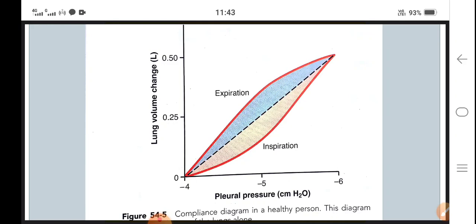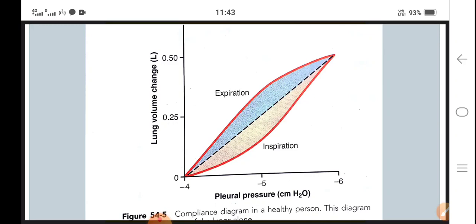The significance of surface tension is shown in the next diagram, which compares the compliance diagram of the lungs when filled with saline solution and when filled with air. When the lungs are filled with air, there is an interface between the alveolar fluid and the air in the alveoli.